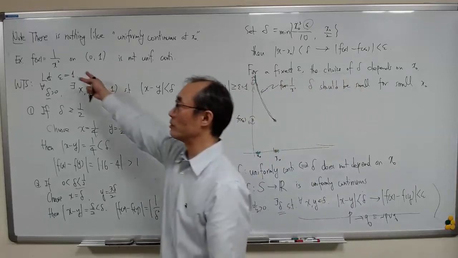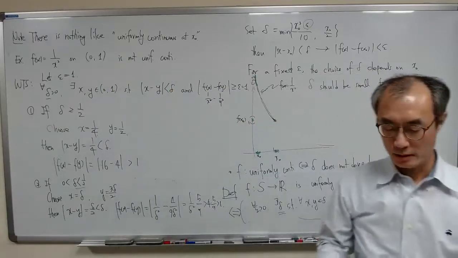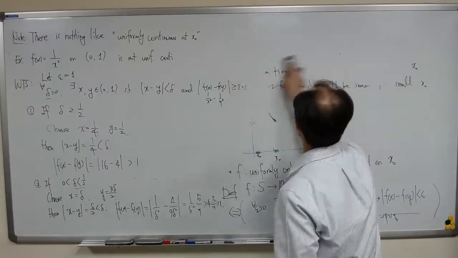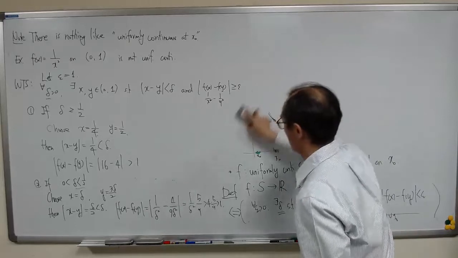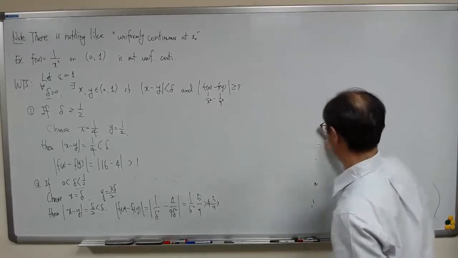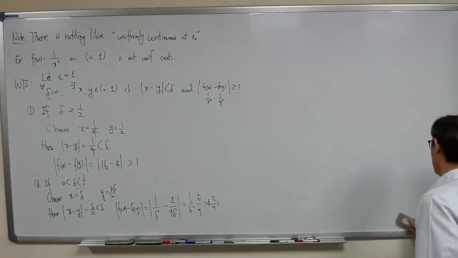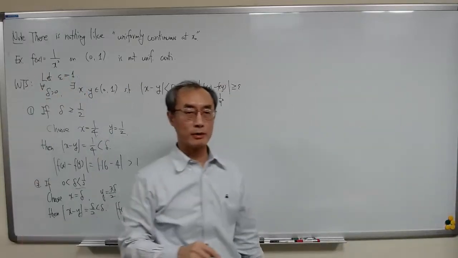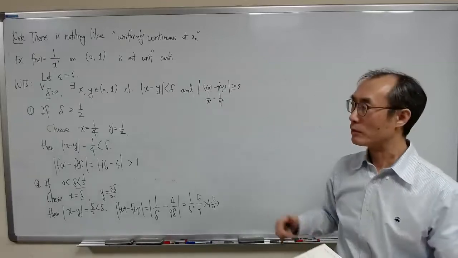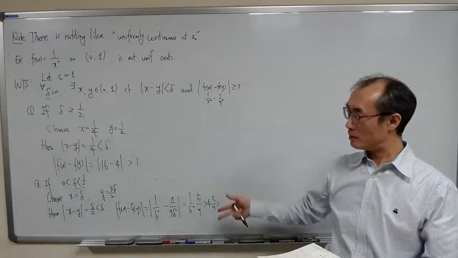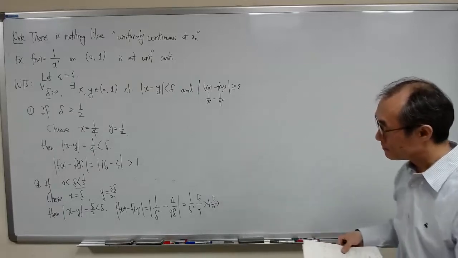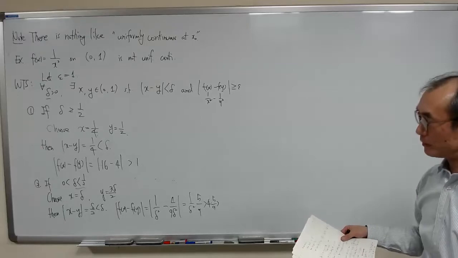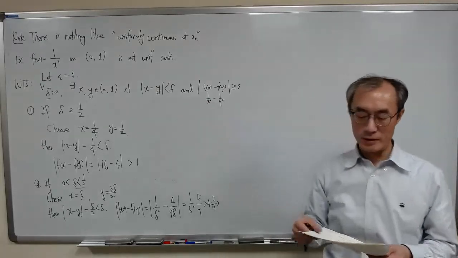So this function, 1 over x squared, is not uniformly continuous. Later on, we're going to show this more simply, but this is the proof of non-uniform continuity based on the original definition.